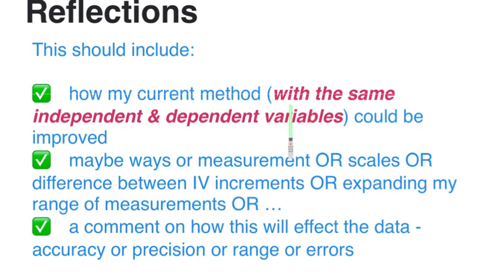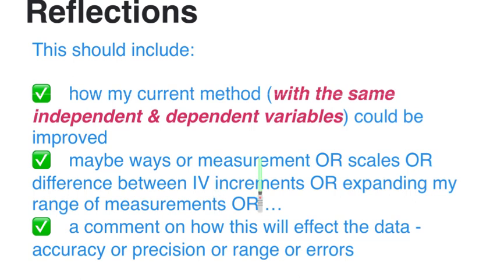In your reflection, don't start off by telling me you're going to change your independent variable and dependent variable. No. Let's look at what you did. It's what we're interested in. And let's see what we could do to fix it up. So keep the same idea of independent and dependent variables and then think about how you could have made it better.